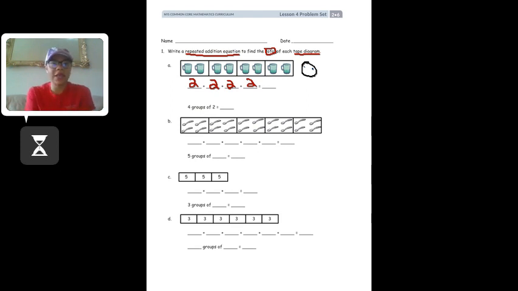Now, if you look at our tape diagram, what do those cups represent in each square? That's right, they represent the number 2. And how many squares do we have in our tape diagram? 4. That's right, we have 4 equal squares in our tape diagram, just like last week when we learned 4 equal groups.